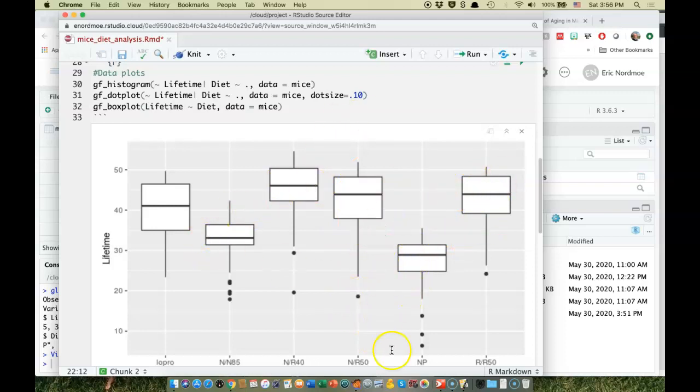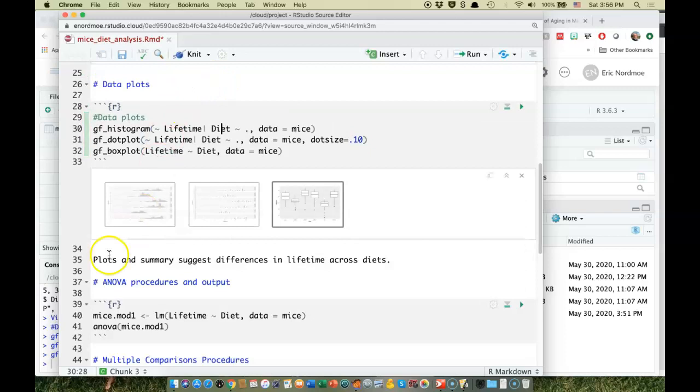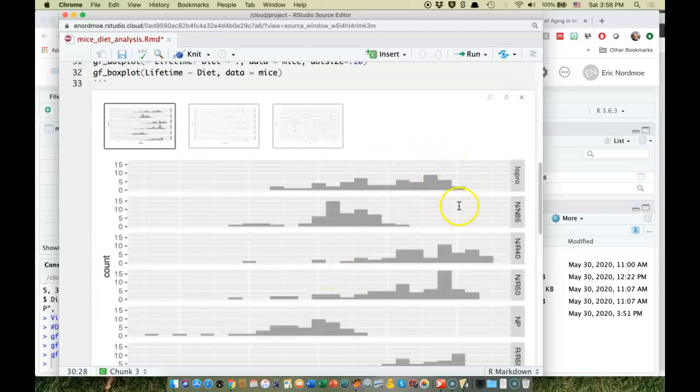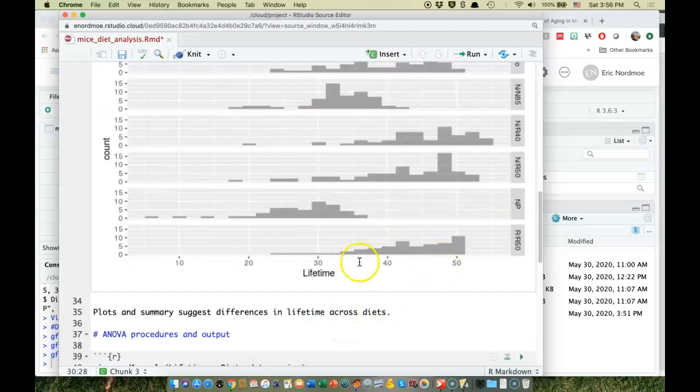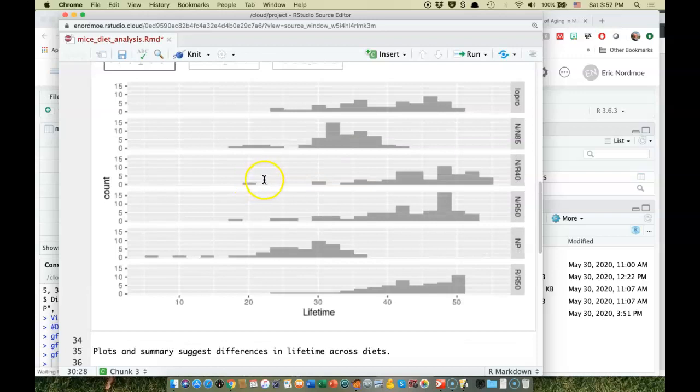It doesn't seem to be explained just by the general variability. That is, the variability between is looking kind of big compared to the variability within. If you like, you can look at the histograms and also see that there is a fair amount of variability within, but still the shifting over here suggests maybe a treatment effect.